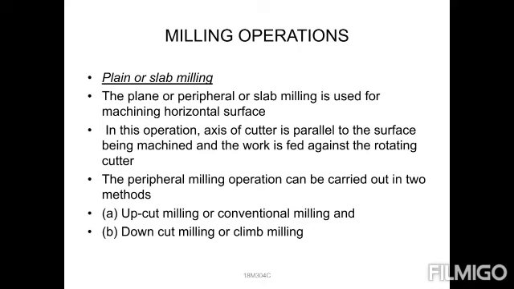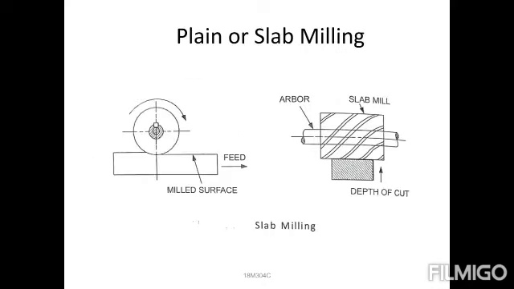That is why we call it a machining operation. We can remove the material and produce plane surfaces with the help of peripheral cutting teeth provided on the cutter. So plain, peripheral or slab milling is used for machining of horizontal surfaces.